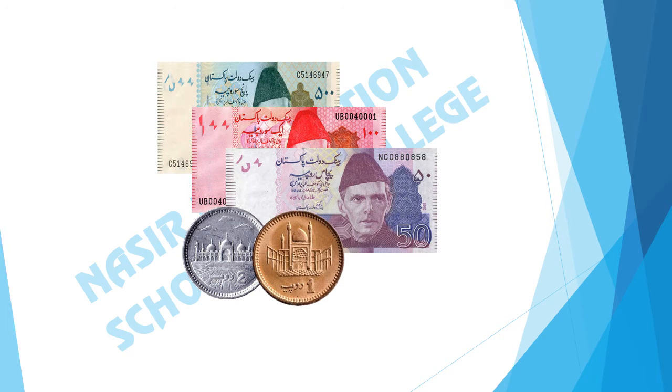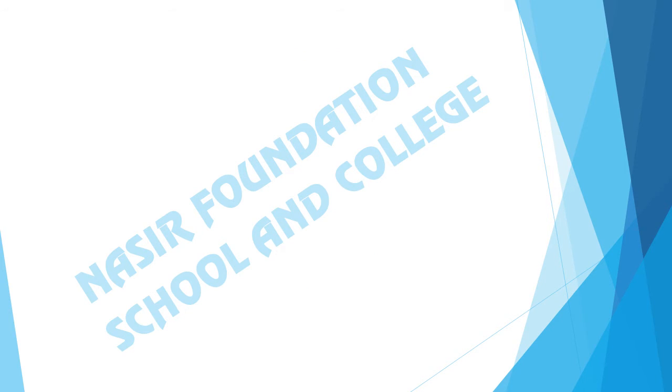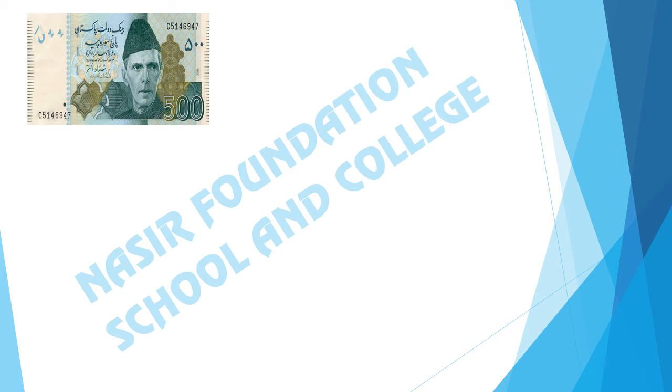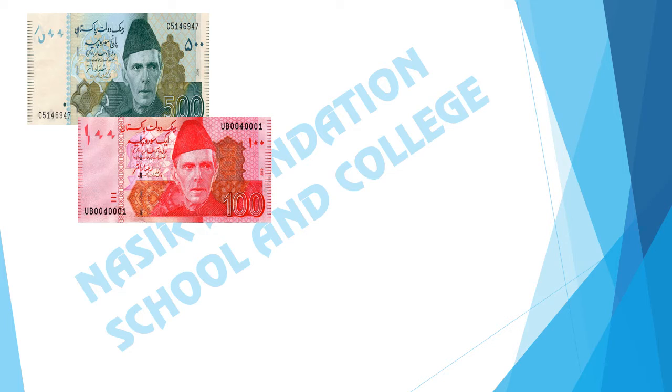Some of the notes and coins are shown here. What amount of money do they show? This is a 500 rupee note, as 500 is written on it. There is one more note. What amount of money does it show?